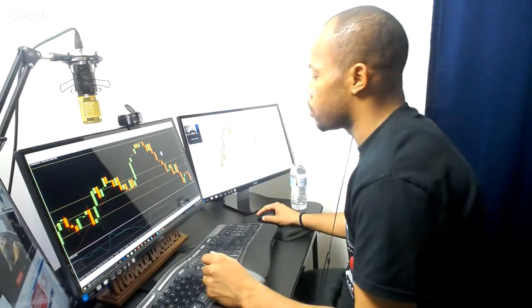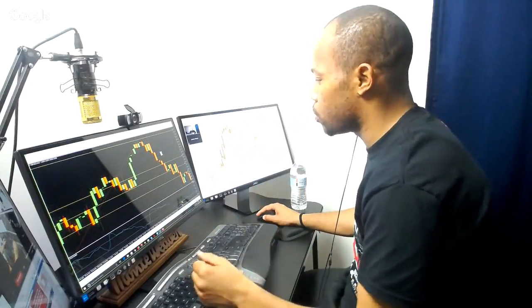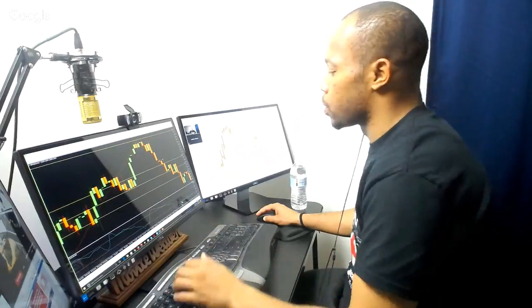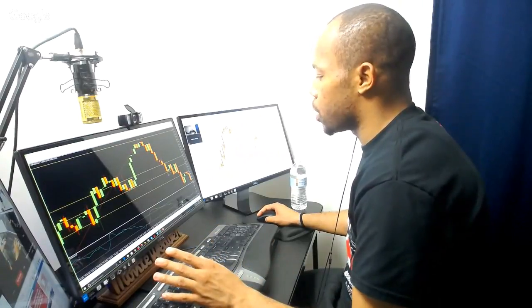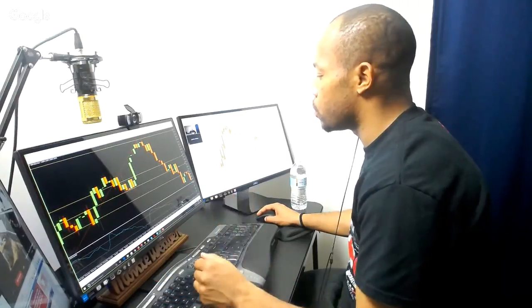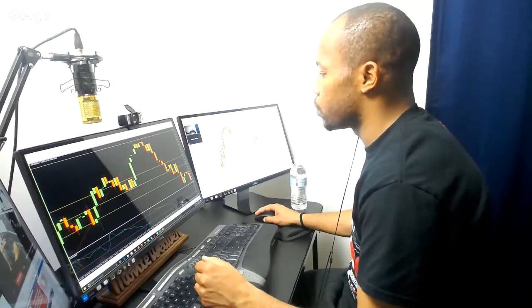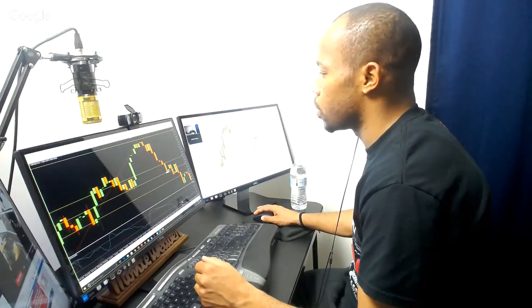I'll definitely go into my strategy of where I put my stop losses and all that stuff on Thursday. Just remind me on that. Then we look at the next Fibonacci level. I don't trade anything in between here. I'm really trading levels. So I look at the 50% level, and when the market gets to the 50% level, it bounces up and goes right back up to this 38.2 level.